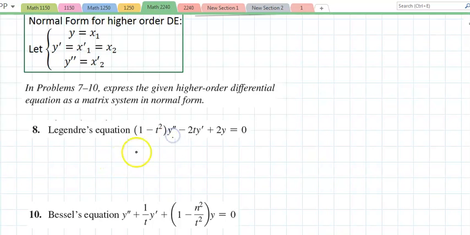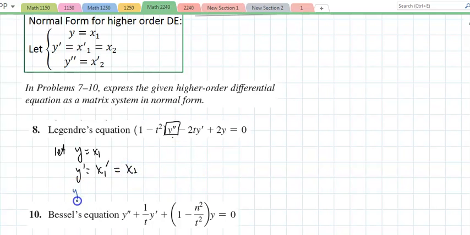If I take this right here and I say, you know what? Let's do that on this problem. If I let y equal x1, I need to go to a second derivative. So if I take a derivative of both sides, I'm going to call that x2.